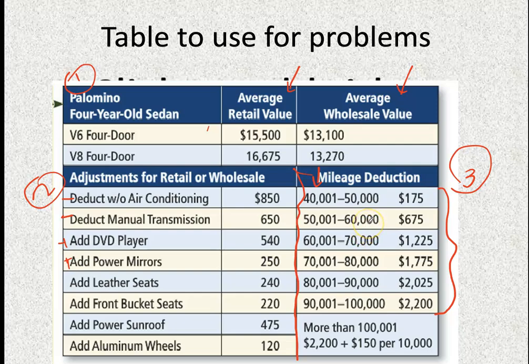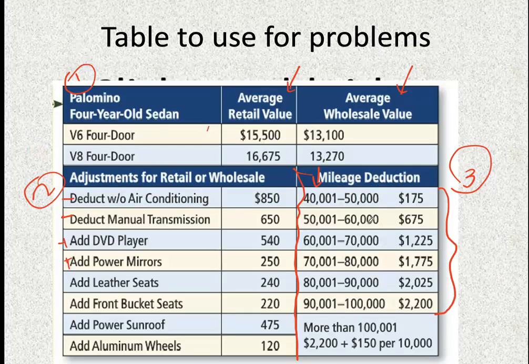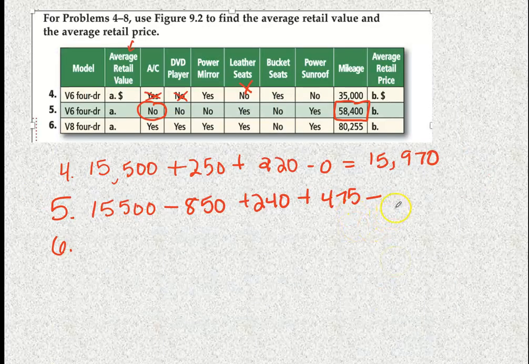Okay, so remember the mileage was 58,400. So that would fall here. So I'm going to subtract. These are all ones you will be subtracting. $675. And I get 14,690. Okay, now if you are looking at this and you're wondering where did she get that 240? Or where did she get the 475? This is a good time to ask if you go back to the chart and you can't figure it out.